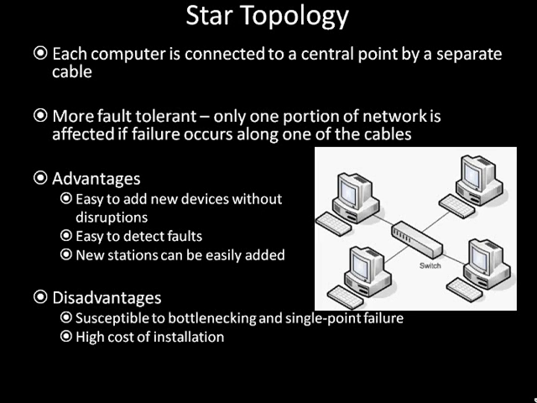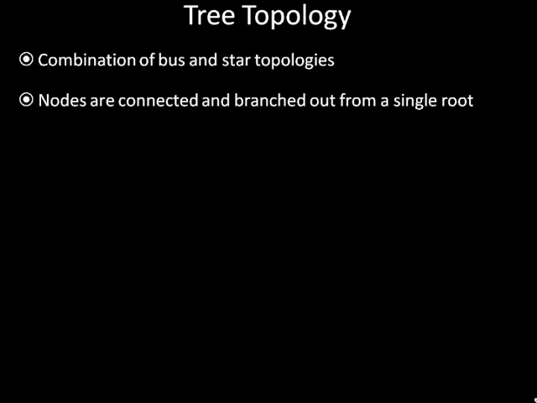Tree topology. A tree topology is a combination of bus and star topologies. It is identical to the bus topology, except that branches with multiple nodes are possible. In this case, nodes are connected in groups of star-configured workstations that branch out from a single root.